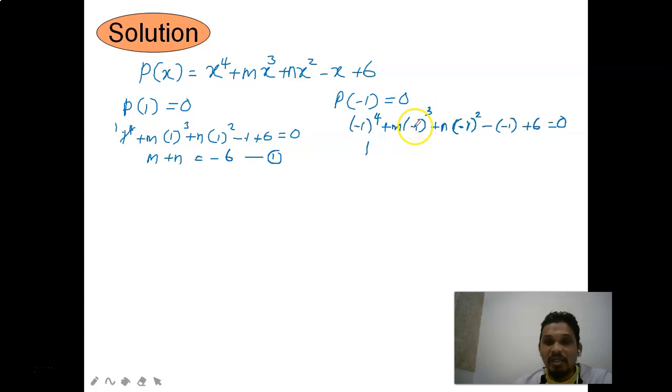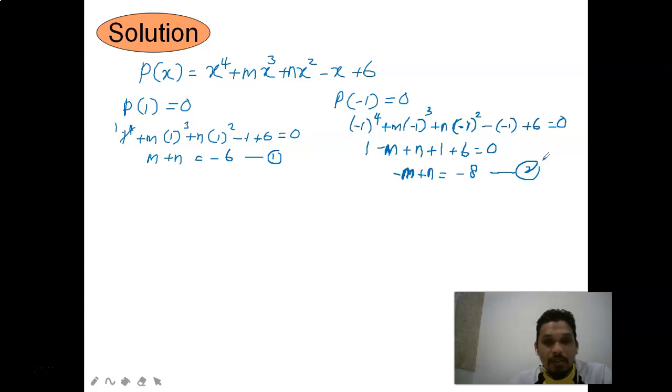Negative 1 cubed is negative, so it becomes minus m, and then negative 1 squared equals positive, so plus n, negative times negative is positive 1, plus 6 equals 0. Okay, 1 plus 1 equals 2, plus 6 equals 8, so negative m plus n equals negative 8.